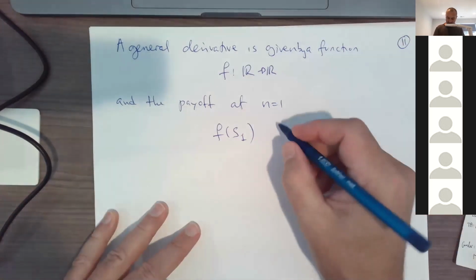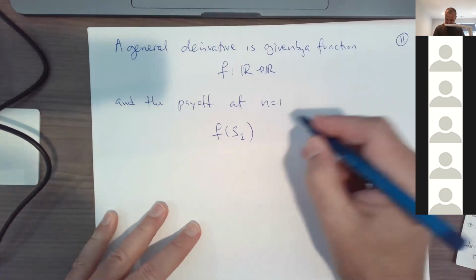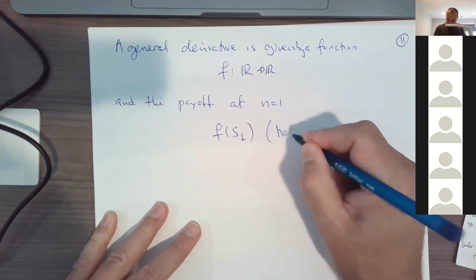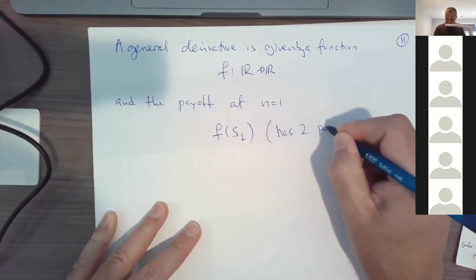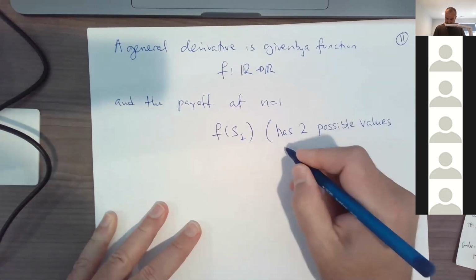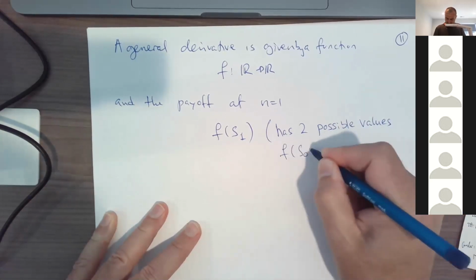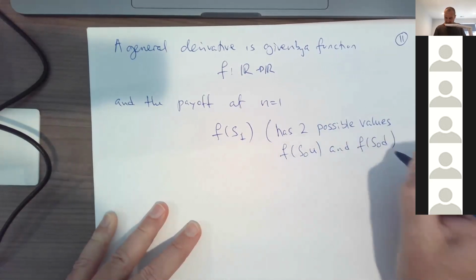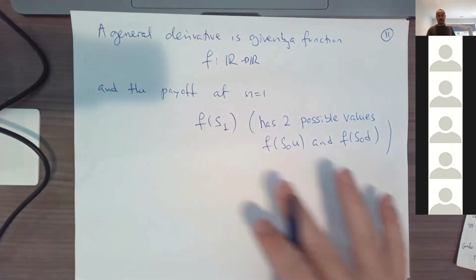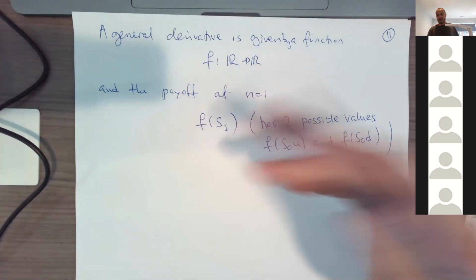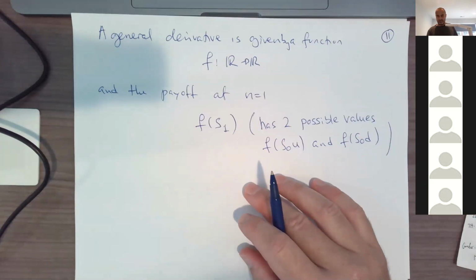This thing has two possible values: f of S0 times U and f of S0 times D. Because the stock can take two values, this derivative can also take at most two values. And these are the two values.